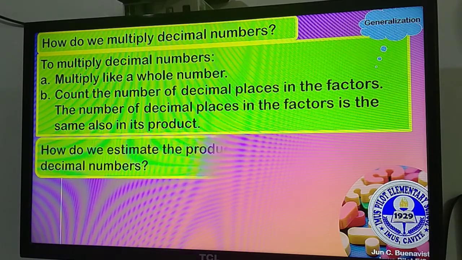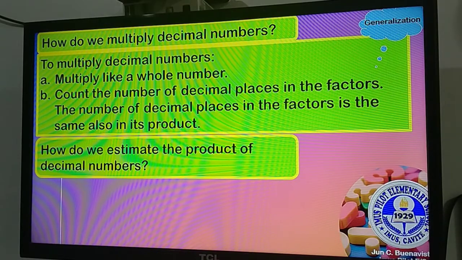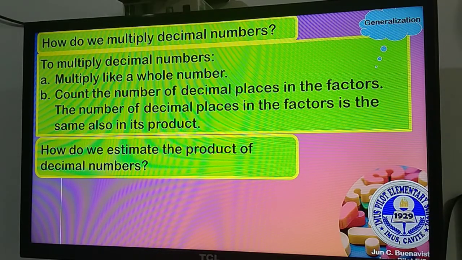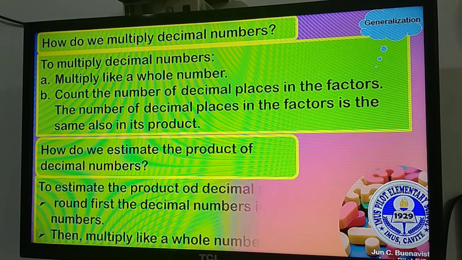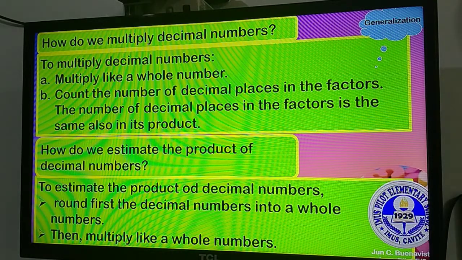Now, how do we estimate the product of decimal numbers? Paano naman tayo mag-estimate? Okay, to estimate the product of decimal numbers, first, you're going to round off the decimal numbers into a whole number. Gawin natin siyang whole number.